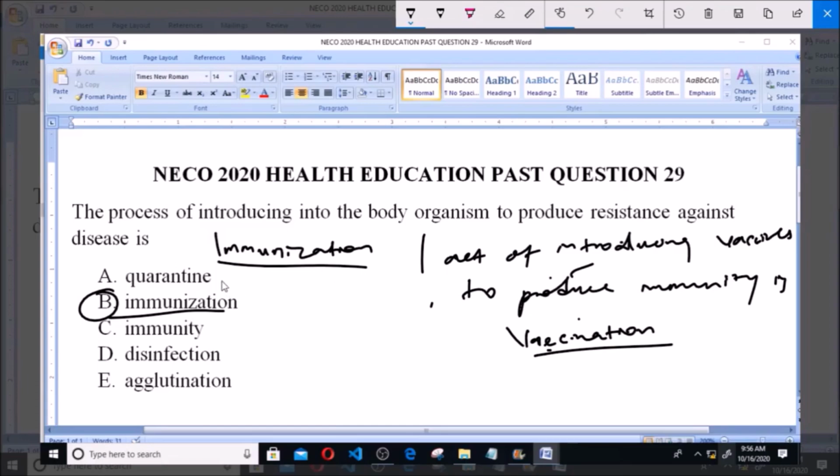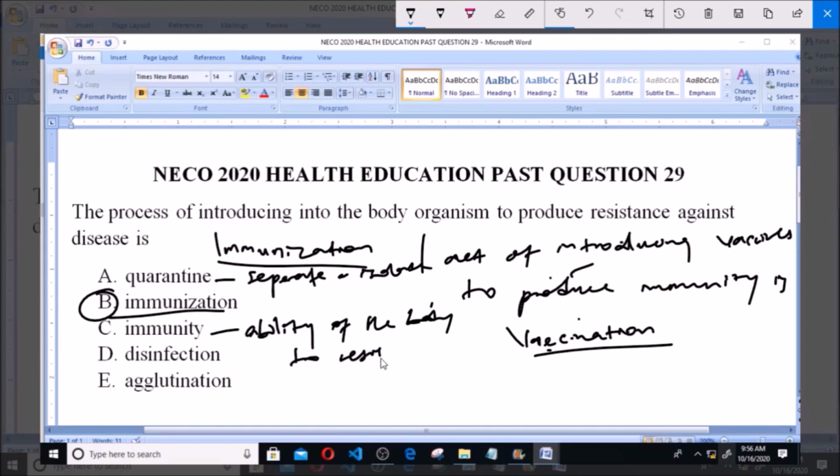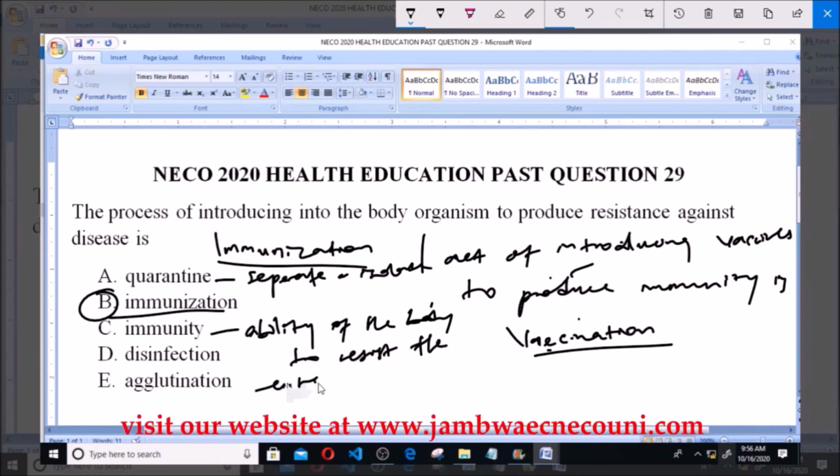Now, to quarantine simply means to separate an infected organism from others, that is to separate or isolate. Immunity simply refers to the ability of the body to resist the entrance of pathogens.